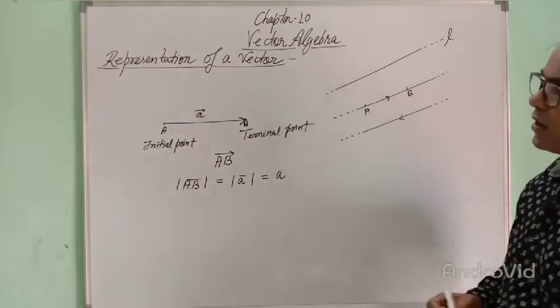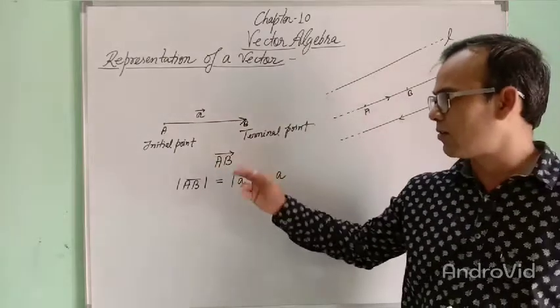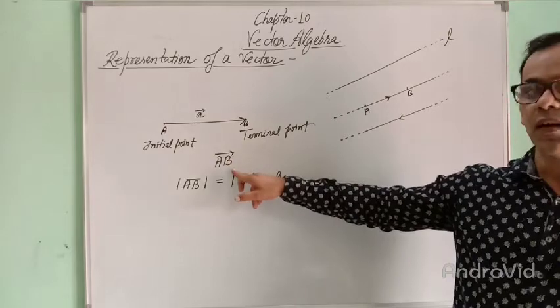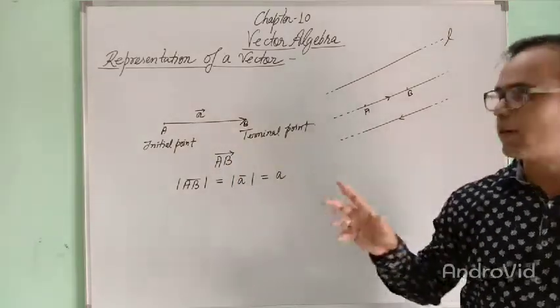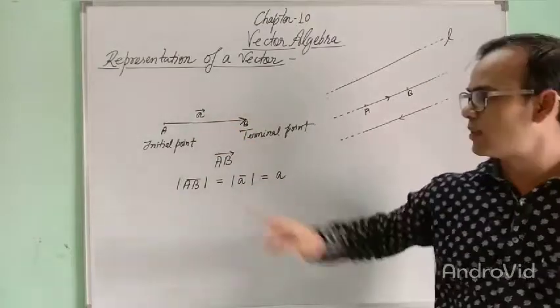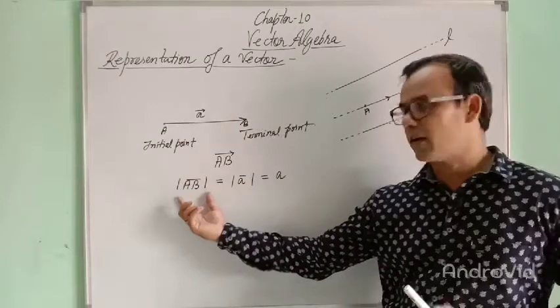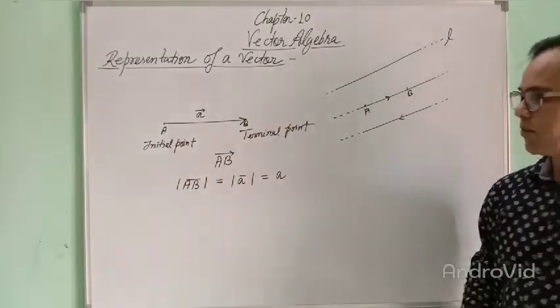Vector quantities are represented either as vector AB, where A shows the initial point and B shows the terminal point, or you can represent the vector using the small letter as vector a, and the magnitude of vector AB will be written as |AB vector|, or simply the magnitude of vector a, or simply a.